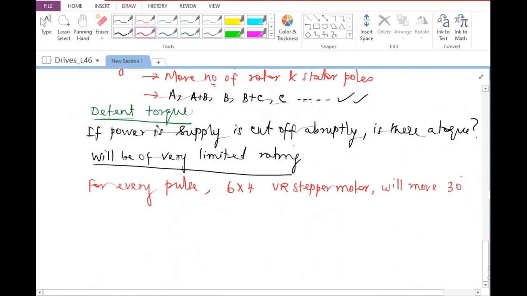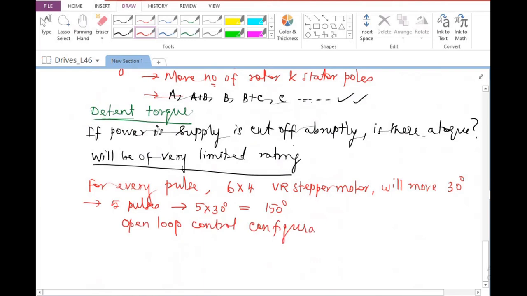So I don't even need a feedback or sensor for sensing the movement of the motor, because if I have given 5 pulses, it would have moved by 5 multiplied by 30 degrees, which is 150 degrees. So I don't need any sensor or feedback control system. It can simply be an open loop control configuration, because I know clearly how much my rotor has moved.